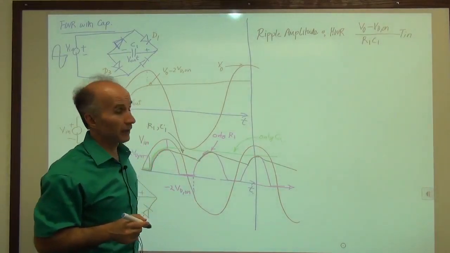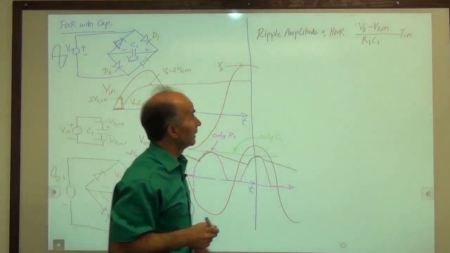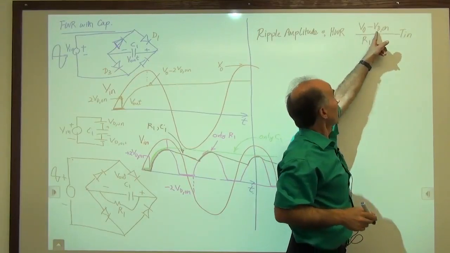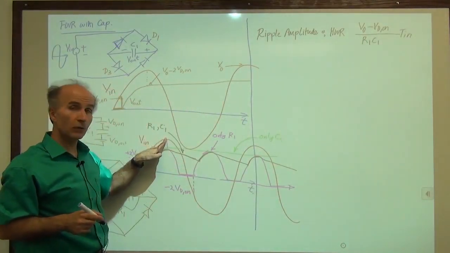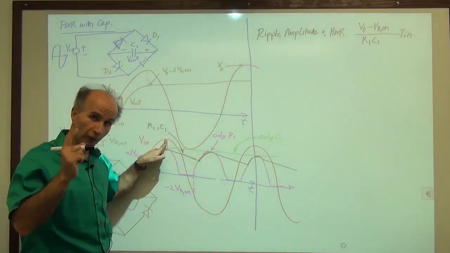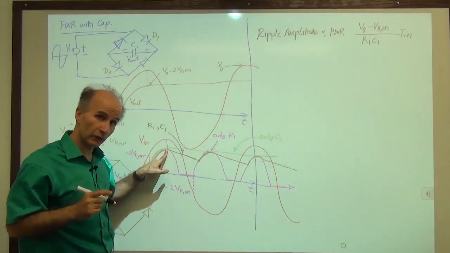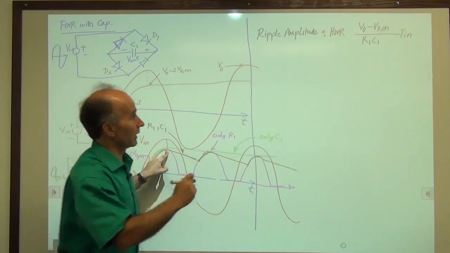For a full-wave rectifier, what happens? Well, the voltage that we have initially right here is no longer V0 minus 1 diode drop, it is V0 minus 2 diode drops. So that has to be changed.